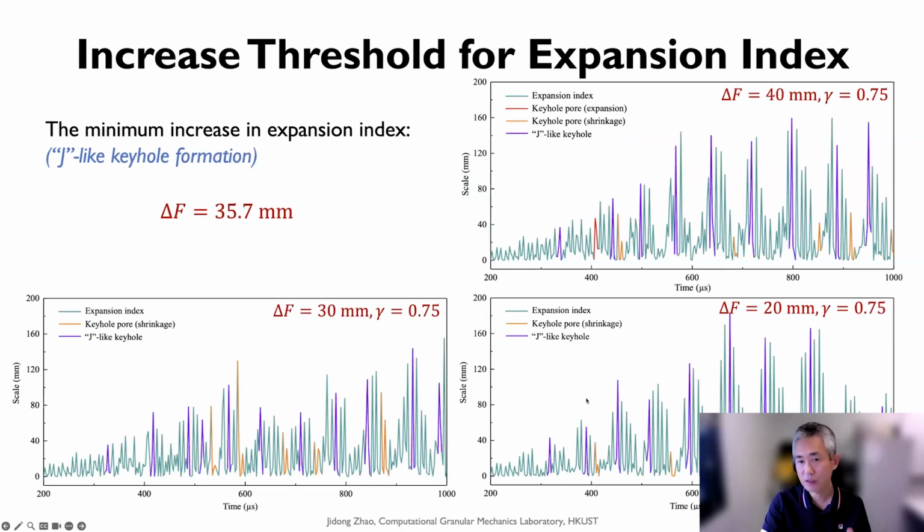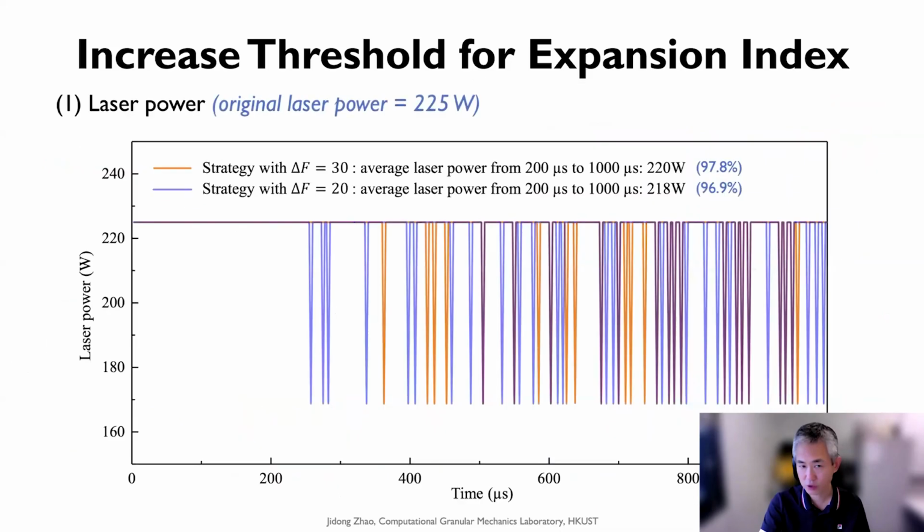So this is our further adjustment, where we can systematically examine the minimum increase in expansion index and identify certain thresholds for the different indices, and then serve the other practical control here.